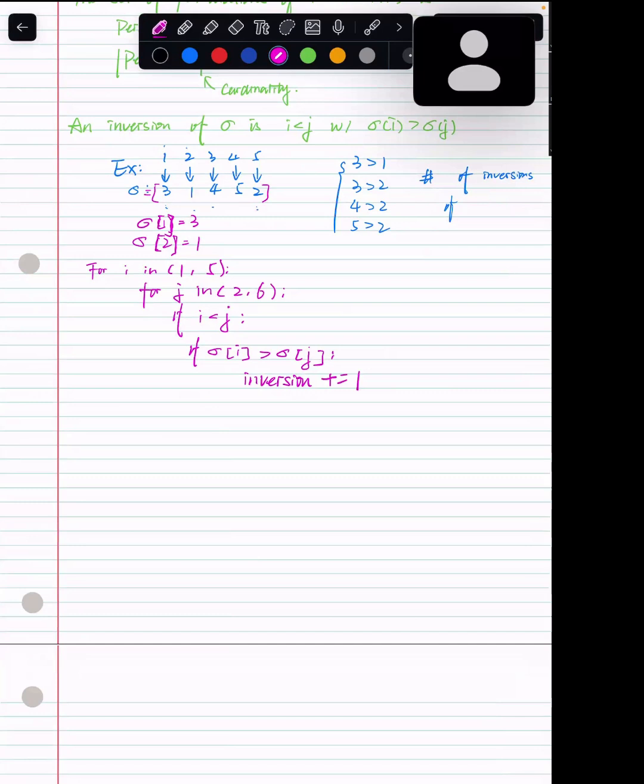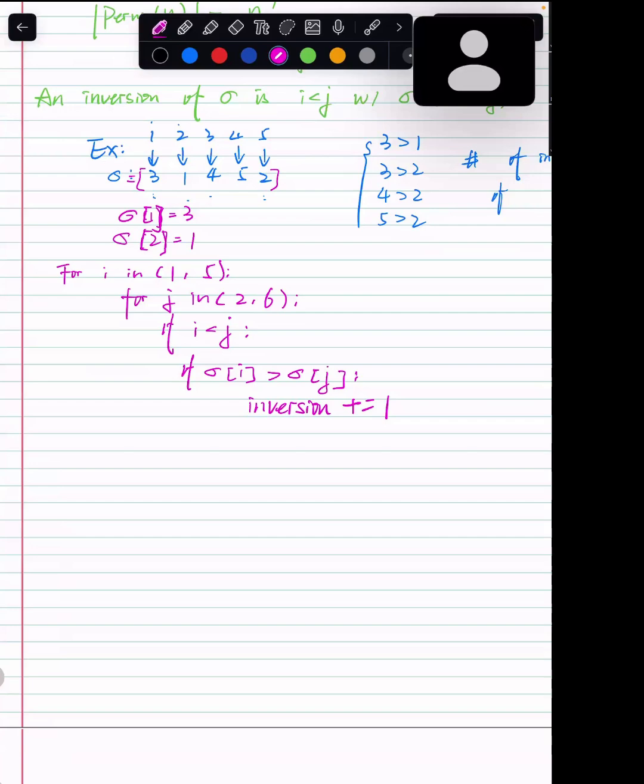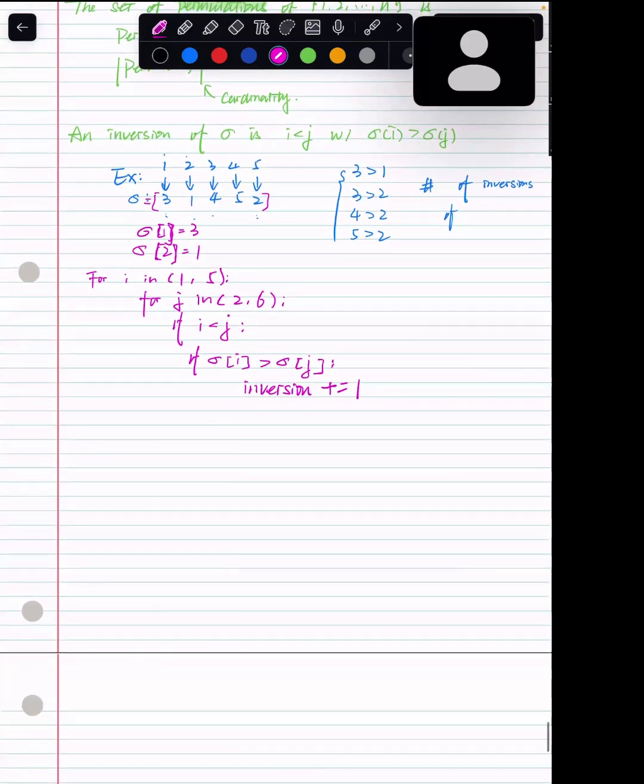Why is j from 2 to 6? Because, well, we can do 1 to 5. I mean, we can do 1 to 6 for both, but since i is smaller than j anyway, j would never be 1. I thought the global set, though, like the numbers involved would only be from 1 to 5 in total.